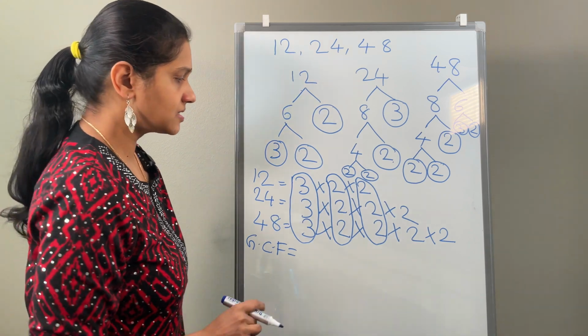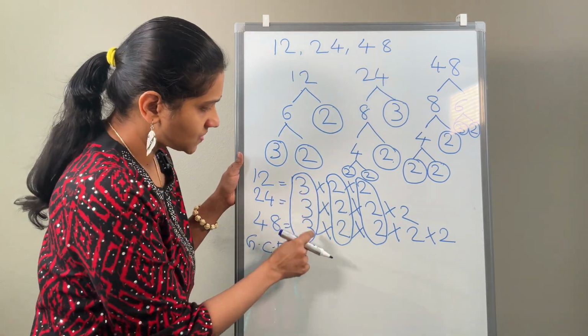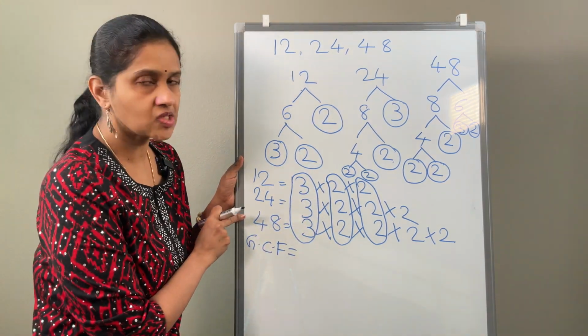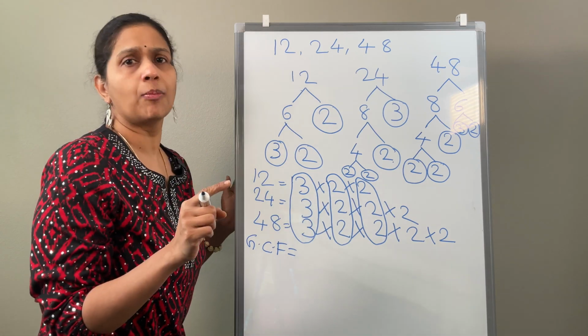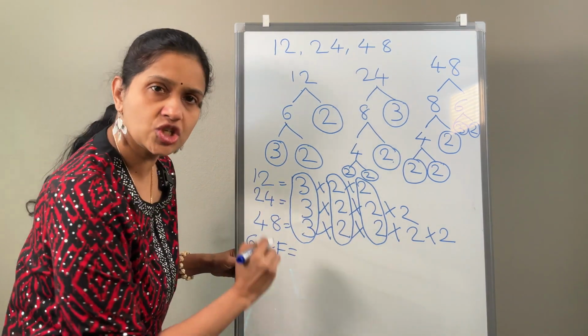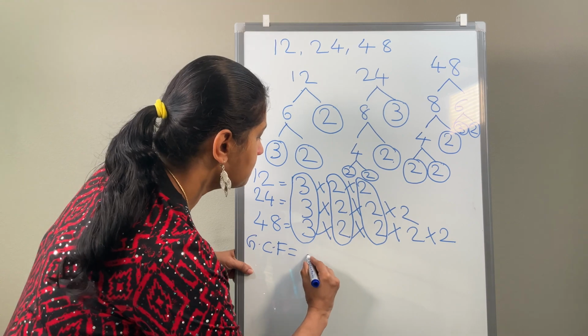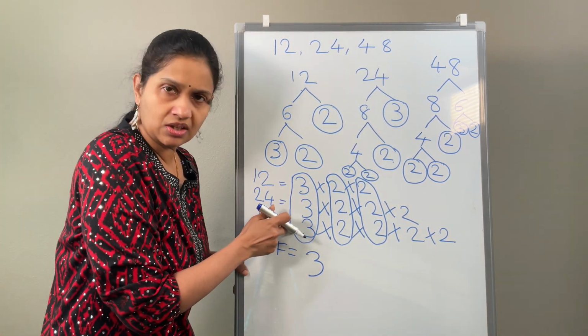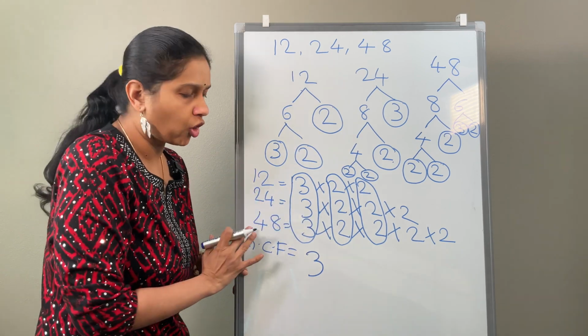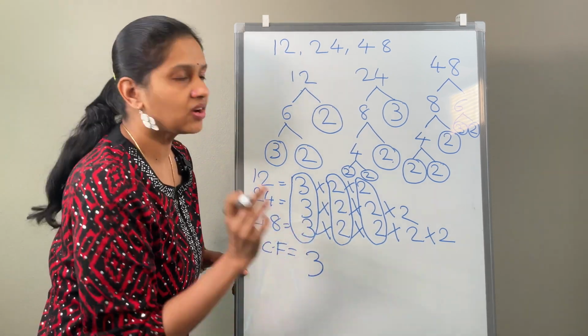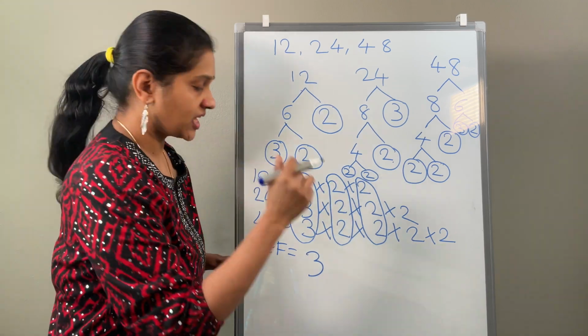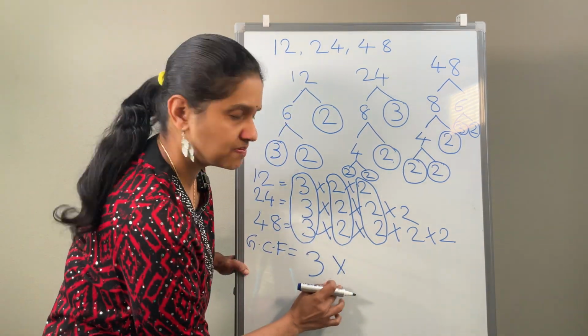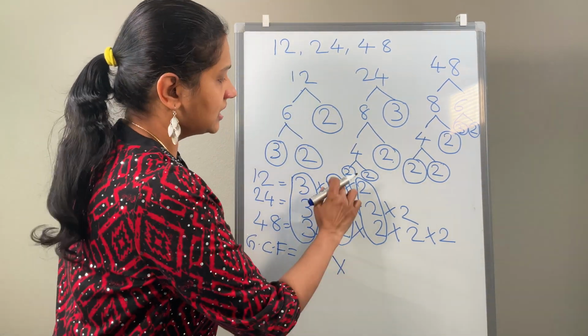After this, the next step is, now you see 3 is common in all these numbers. So when there is such a common number, to find the GCF of those numbers, simply write it once. I will tell you again, there are 3 threes, and 3 is available in all these numbers. So simply write it once. Now for the next number, just put times, multiply it with the next number.